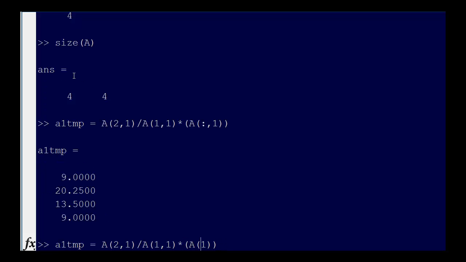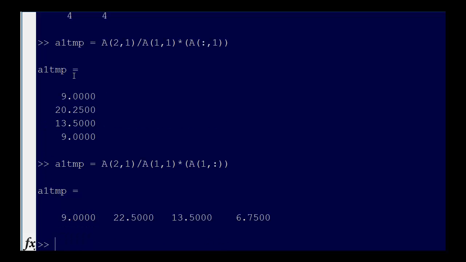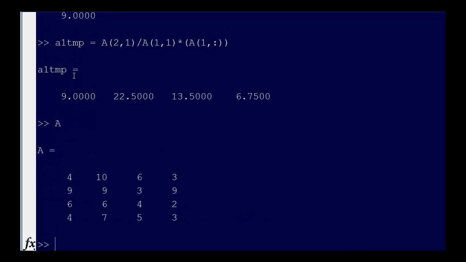I did it wrong. Yeah, that's row 1, all the columns. Okay, yeah, that's better. Okay, so we had A, and then we created this A1 temp.